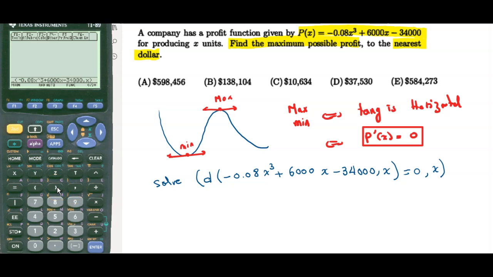So we're done with the derivative. Now we're going to set it equal to 0 and comma x to solve for the variable x, close the parentheses and enter. So here we're going to get two answers.